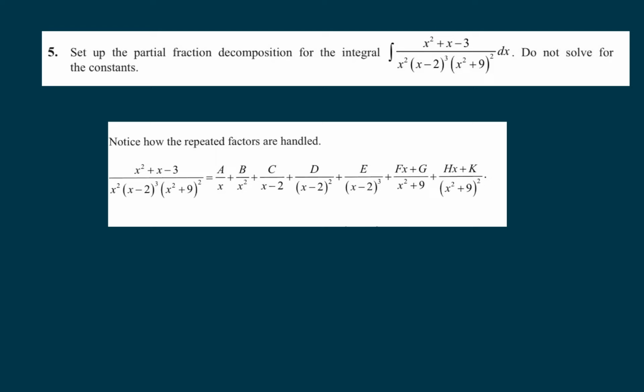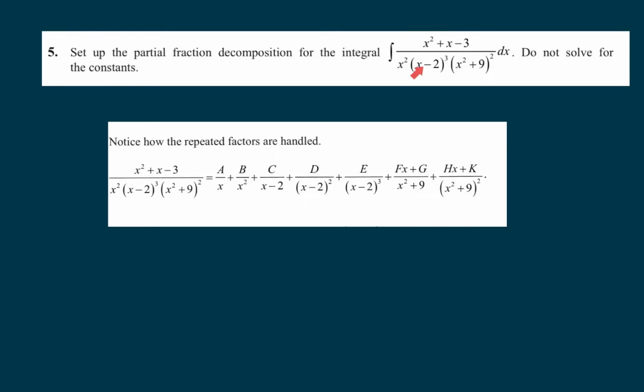Next problem is more of the same. It's just to practice how to make partial fractions. Now we have the numerator, which has a degree smaller than the denominator, much smaller. Now we see this is a linear term, so it will appear A divided by x and B divided by x squared.